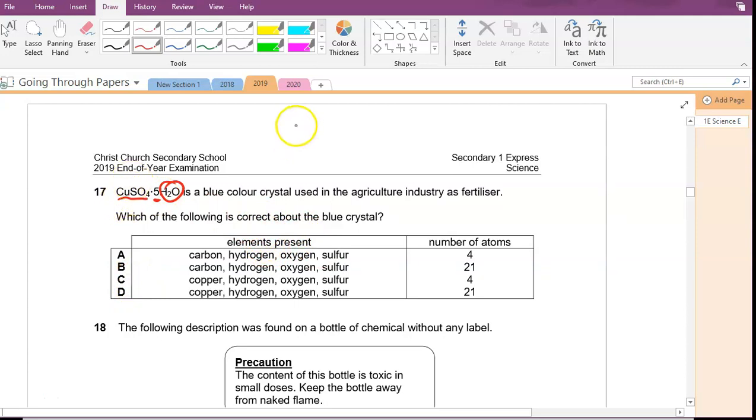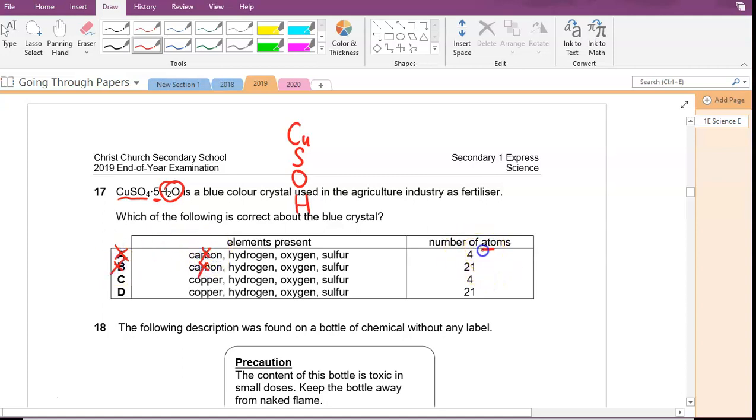I got copper, Cu, S, O, H, and O again. O is repeated, so I'm not going to write it. Therefore, I only got these 5 elements present. Cu is actually not carbon. Cu is copper, so options A and B are out because it is not carbon.